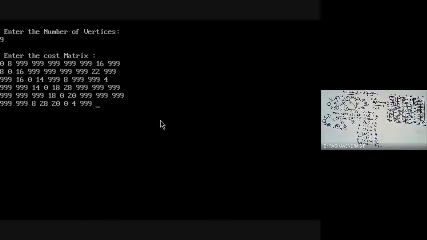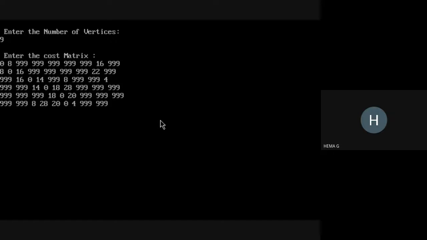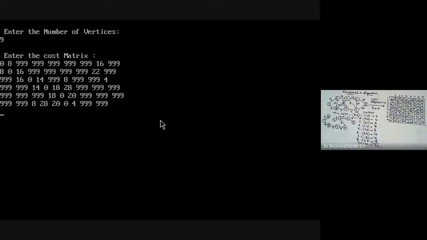Okay, double infinity. Is it correct? Yes, sir. Next, seventh row: 3 times infinity, 4 times infinity, 5 times infinity.